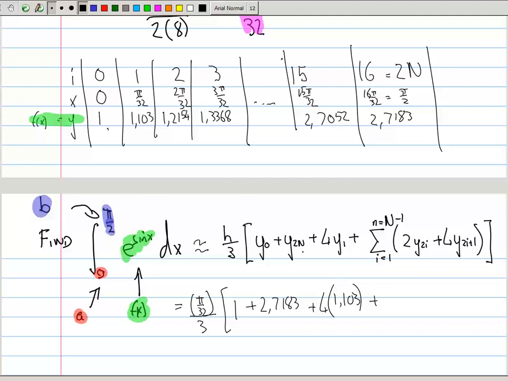Bear in mind, we have got n, that's n is equal to 14 over here, and we're going to have 15 because this is 2i plus 1.